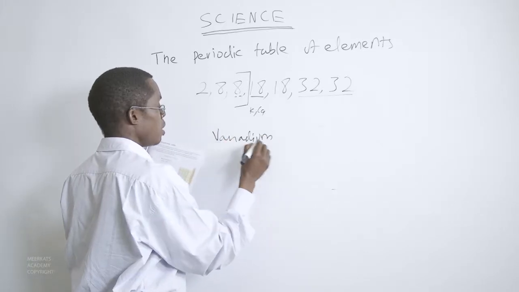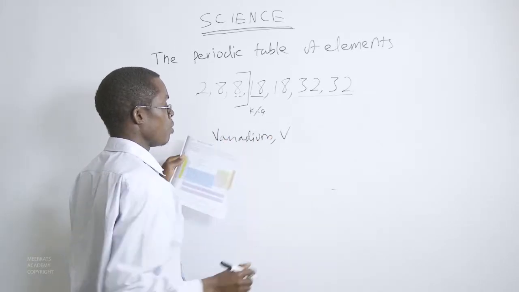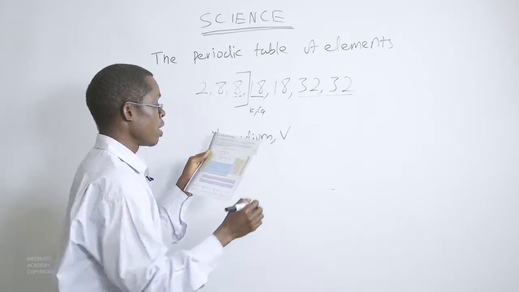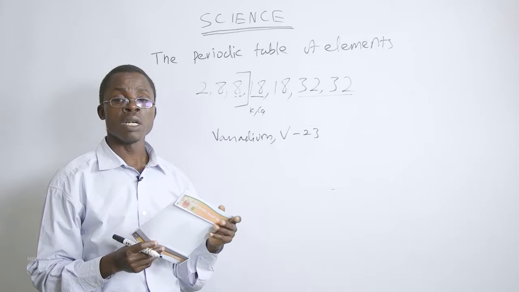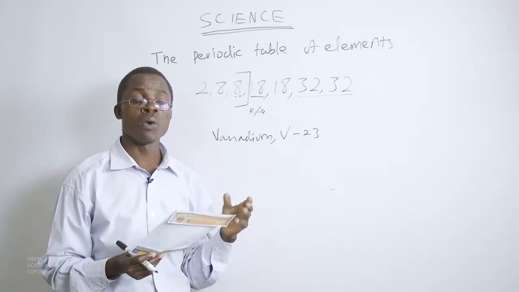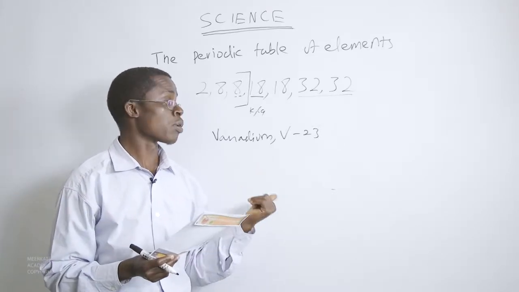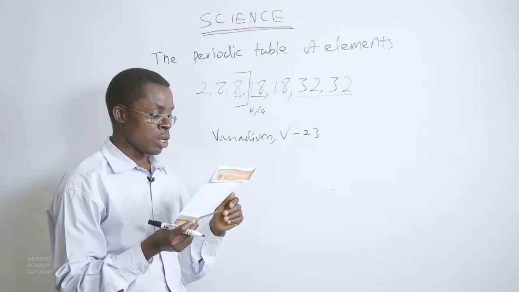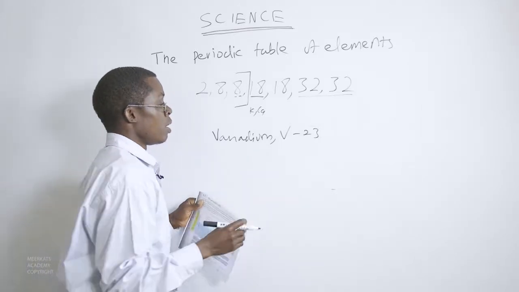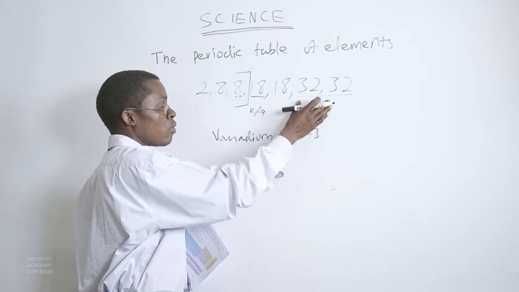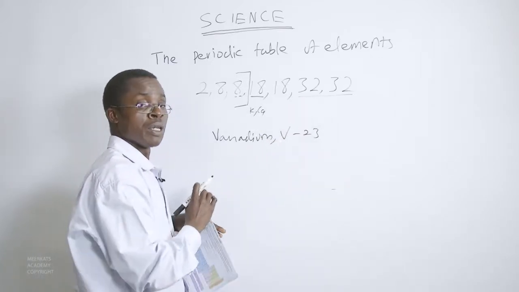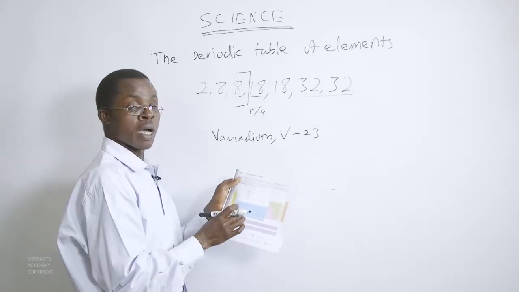I can pick vanadium. Vanadium as an element, symbol capital letter V, atomic number 23. As I said, the most important number is the atomic number when you want to arrange the elements in the periodic table. So atomic number 23. Let's look for its position using electronic configuration and see if it will fit where it is placed.